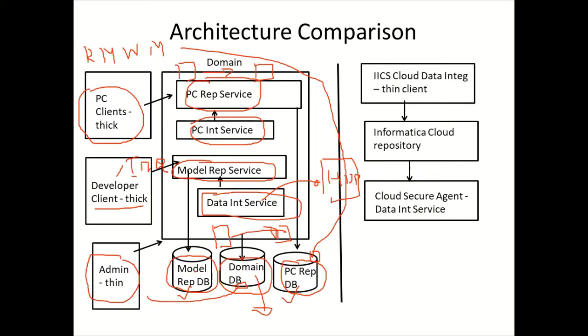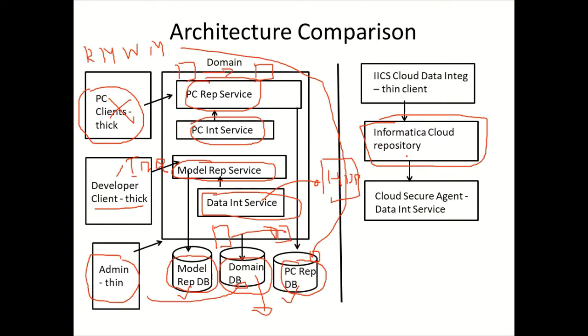The advantage of using IICS is I don't need any client here. I can use my Informatica IICS and create my mappings. The metadata of all the mappings will be stored in my Informatica cloud repository. So you don't have to worry about installing any clients on your machine.